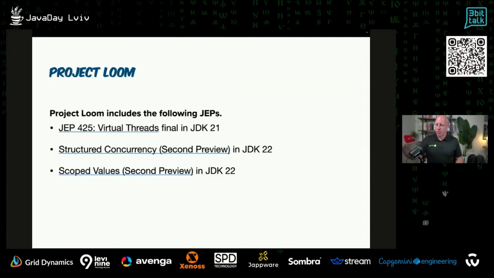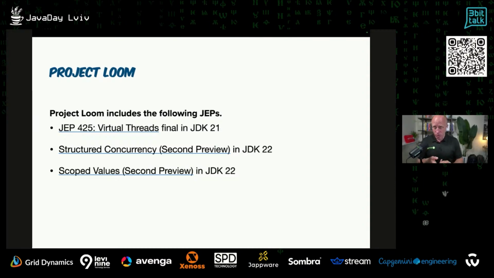I'm going to skip some of this. I just want to talk about Project Loom. When you hear about Loom, it's kind of synonymous with virtual threads. Project Loom is made up of a few JEPs, JDK enhancement proposals. Virtual threads went final in JDK 21. We had the second previews for structured concurrency and scope values in 22.